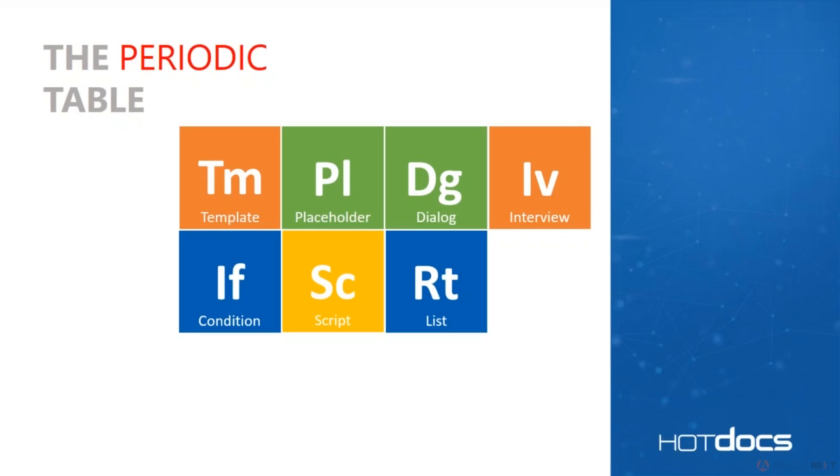If there's anything that HotDocs can't accomplish using its basic construction principles, then it can almost certainly be accomplished using a combination of those things along with some scripting. And scripting can run the gamut from very simple mathematical calculations all the way up to complex interview behaviors and assembly rules, depending on what's necessary in your specific templates or documents.